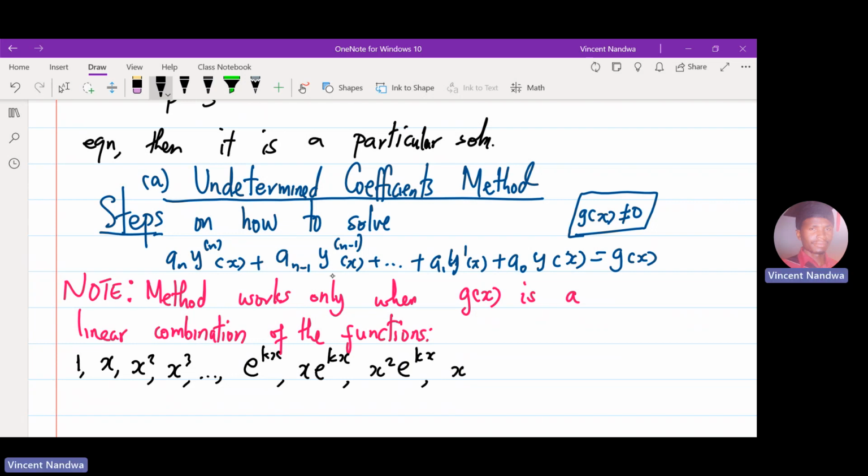We may have x cubed e raised power kx, etc. We may also have e raised power alpha x times cosine of beta x. We may have x e raised power alpha x cosine of beta x.